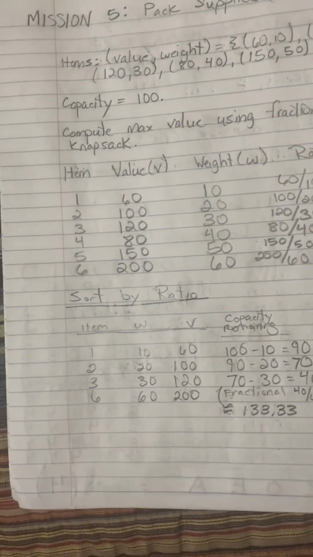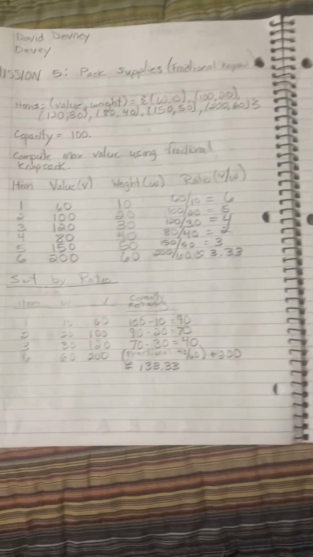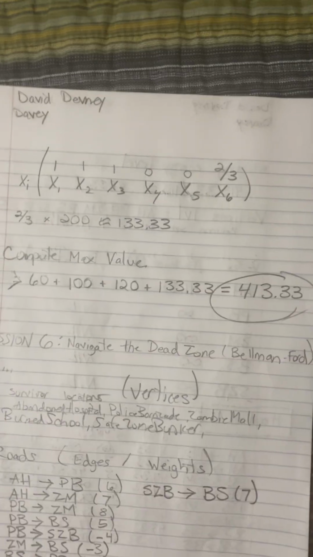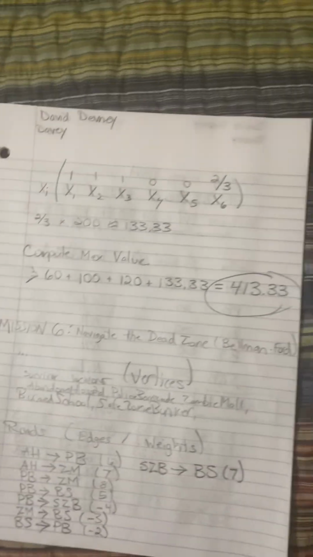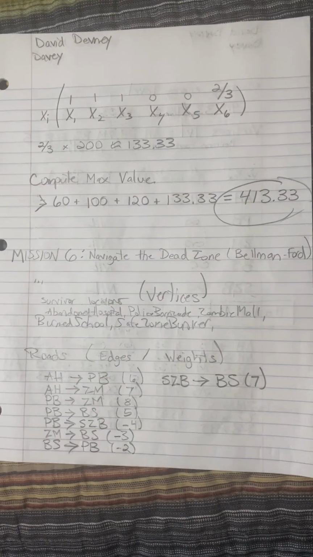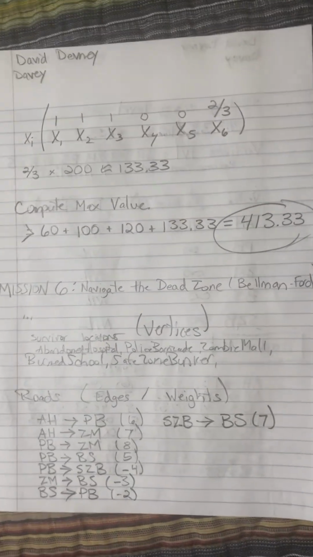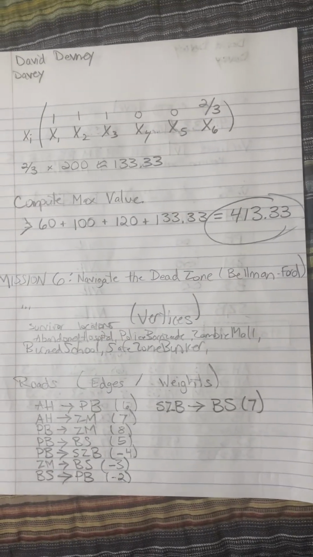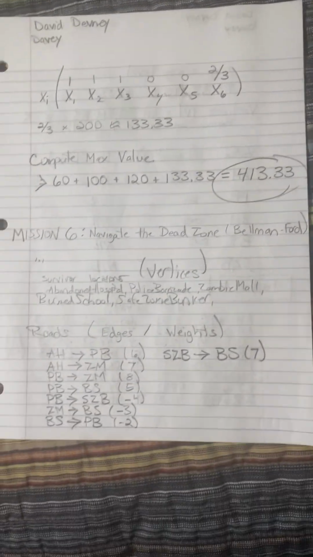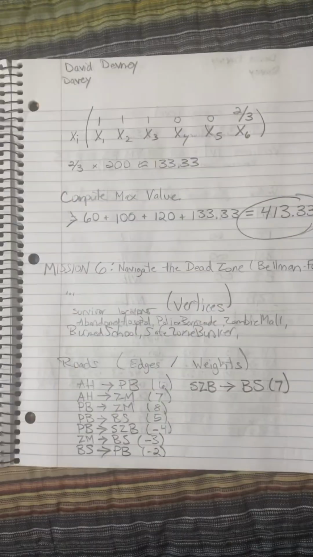And then the 6th item, we're gonna get a fraction of that, so it's like 40 over 60, which is 2/3 basically of 200, to give you roughly 133.33. And then compute the max value, 60 plus 100 plus 120 plus 133.33 equals 413.33. That's it for mission 5.